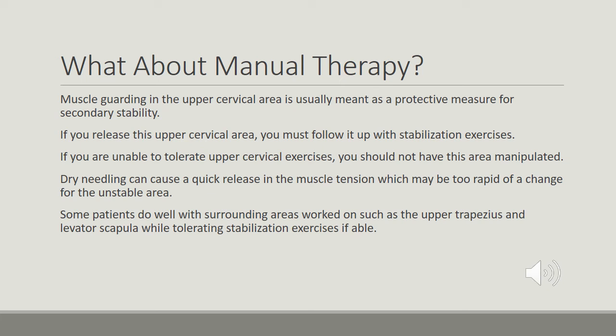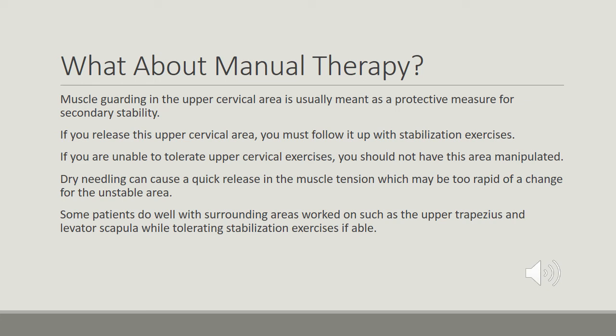What I usually work on is the surrounding areas, such as the upper trapezius or the levator scapula, so further down towards the shoulders, while also working stabilization exercises higher up if the person is able to do so. So I usually work further away and then potentially end up working closer. But again, usually I don't do that.